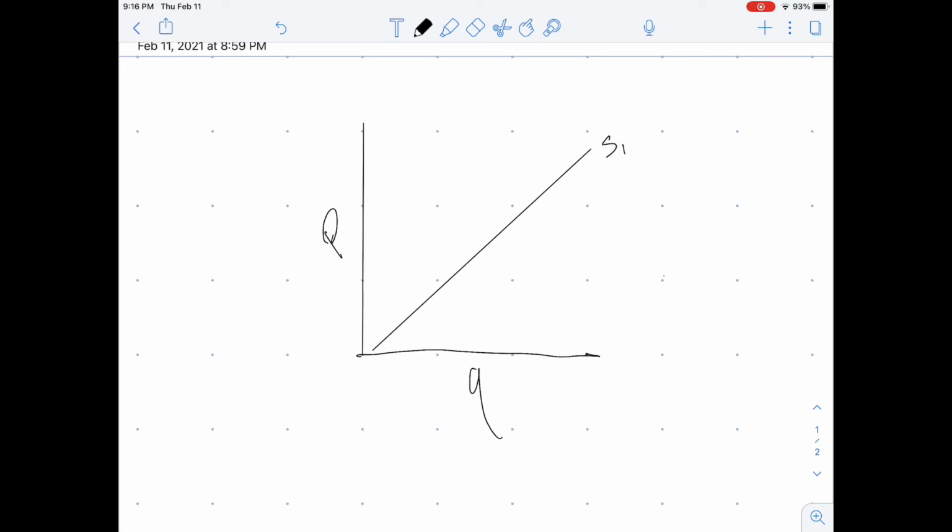And I forgot to talk about this with demand, but shifts in the graph are usually represented by a line simply going up or down. And these can be caused by many factors, like consumer tastes for demand.